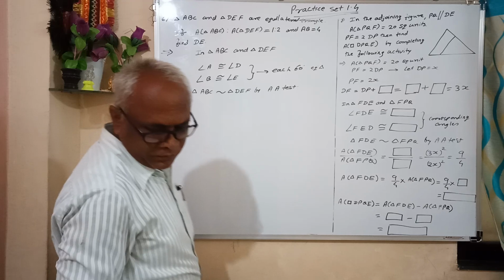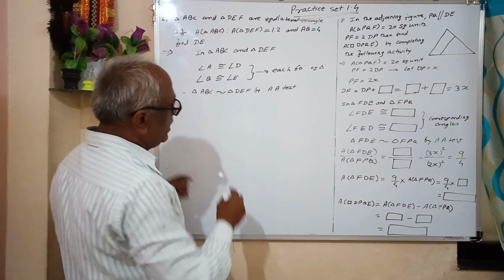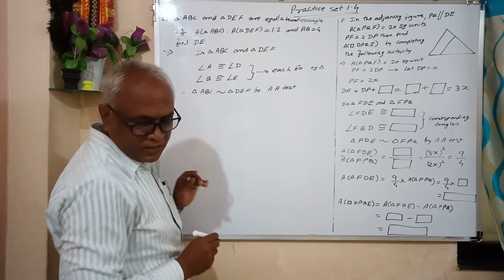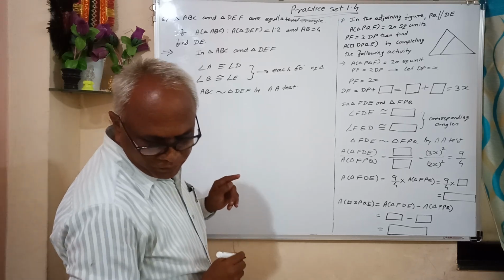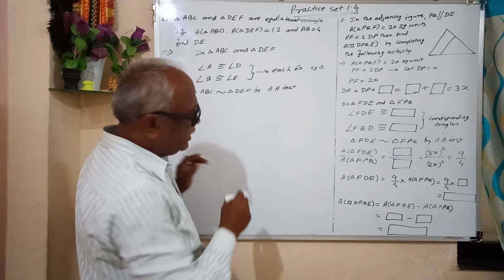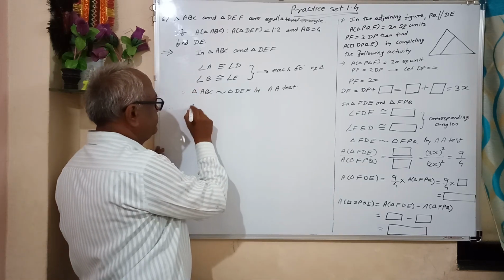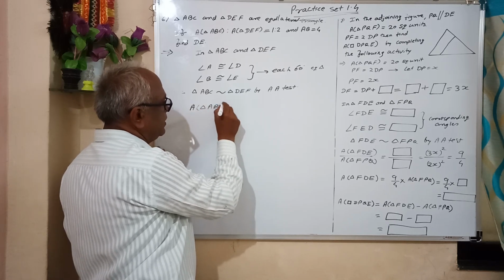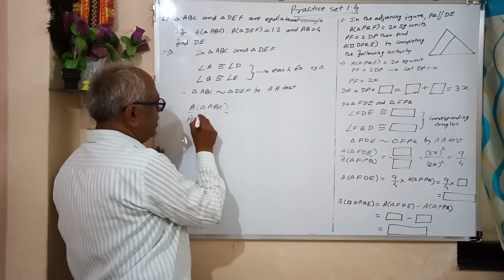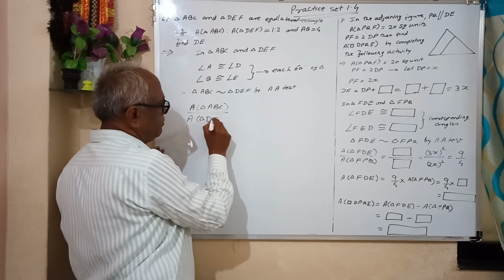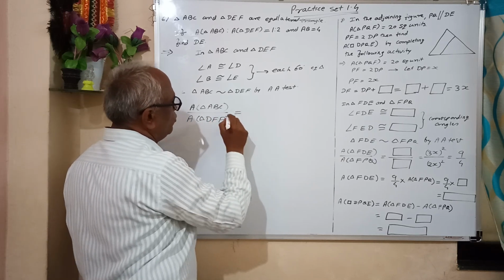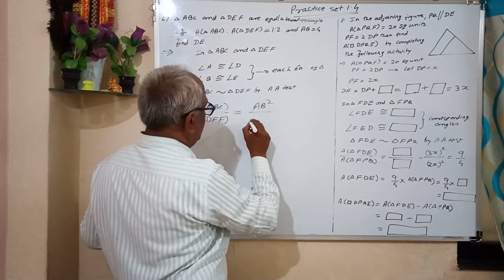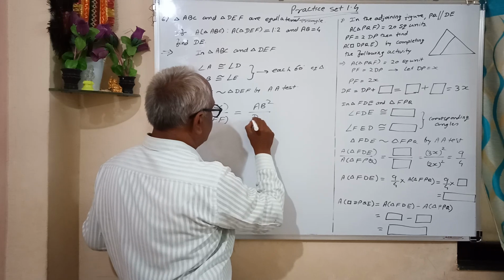Therefore, as the two triangles are similar, their sides are in proportion, and the area of triangle ABC upon area of triangle DEF is equal to AB square upon DE square.